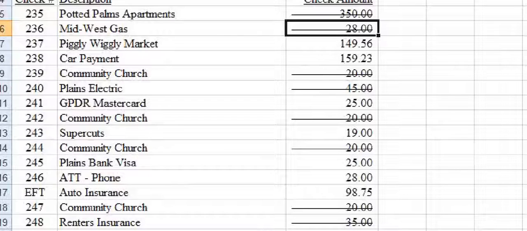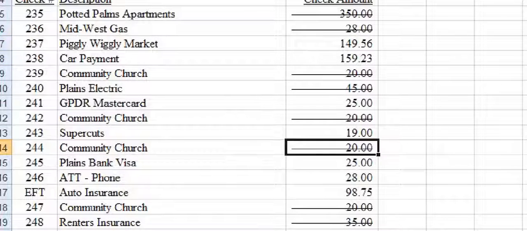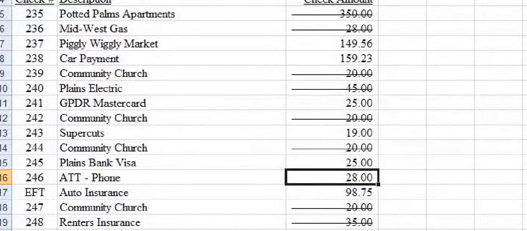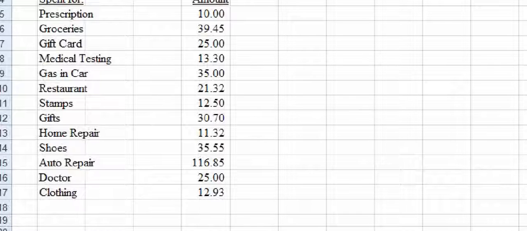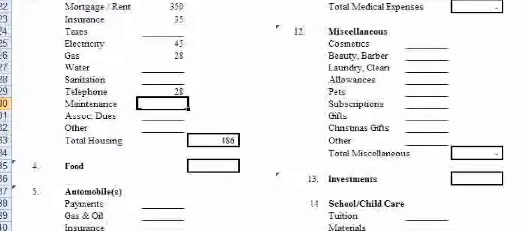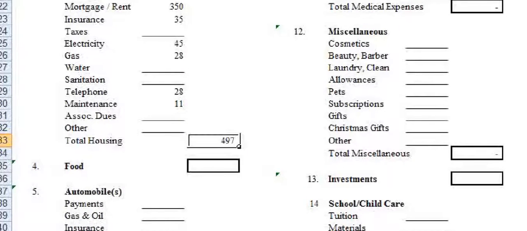It should be struck out and entered on the blank form next to telephone. Finally, for housing, there is $11.32 on the credit card spending list. We click on that, strike that out, and enter it on the blank form next to maintenance. With the pre-entered formula, the total for housing is $497.